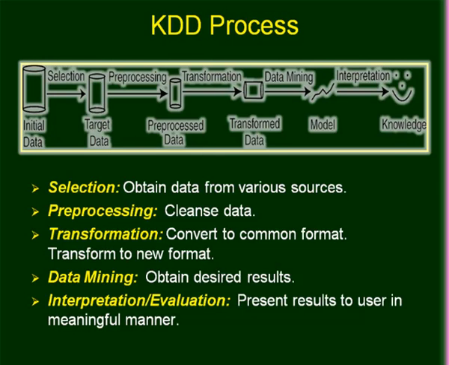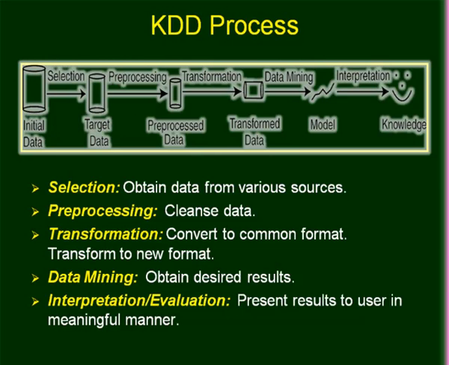Once the target data is selected, we clean the data by applying pre-processing techniques. When a pre-processing technique is applied on target data, we get pre-processed data. Then pre-processed data is converted to a common format by using transformation.